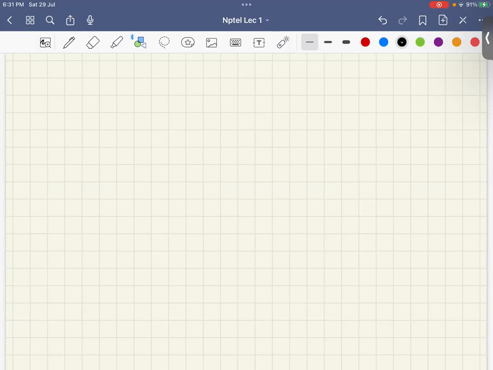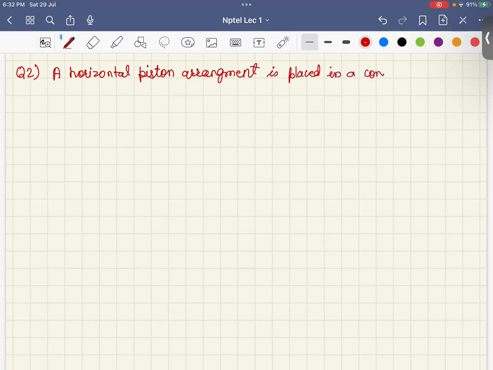Okay. So the next question is, question 2. A horizontal piston arrangement is placed in a constant temperature bath.